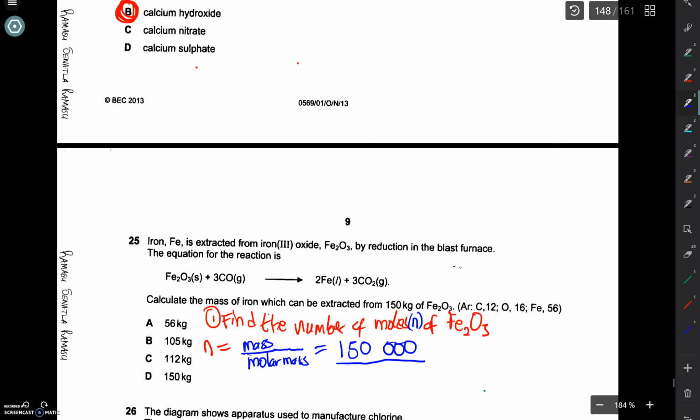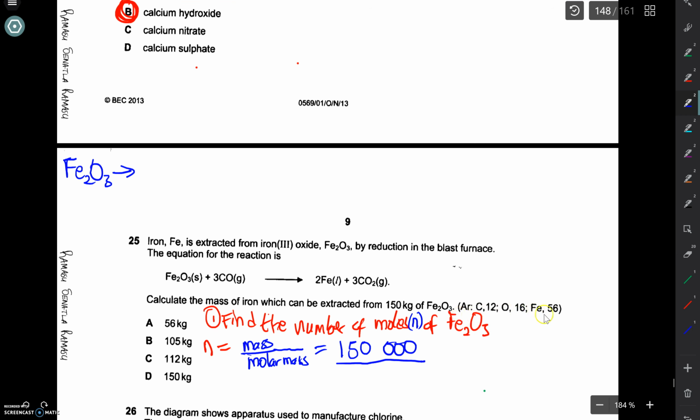Then the molar mass of iron 3 oxide, that's Fe2O3. We find it by adding the relative atomic masses of iron and oxygen.